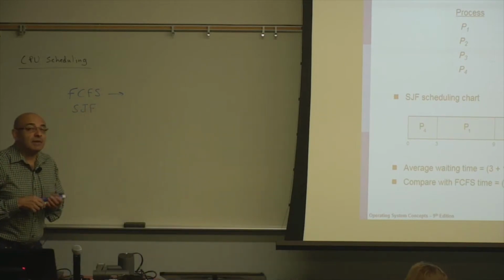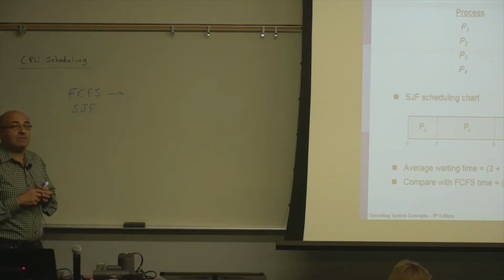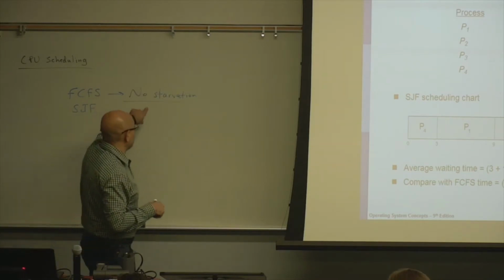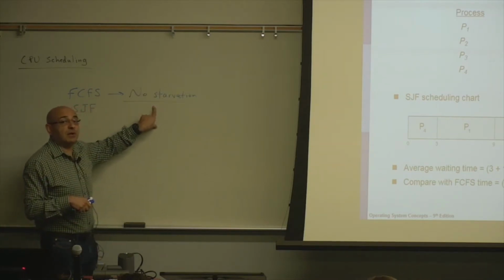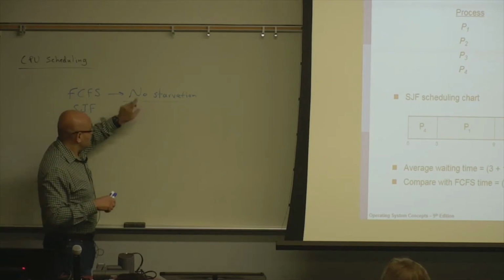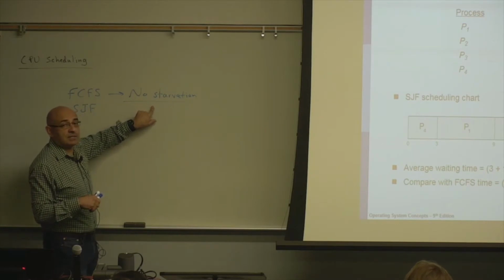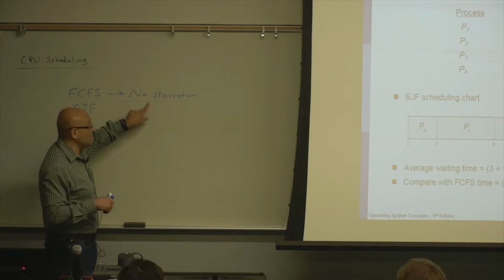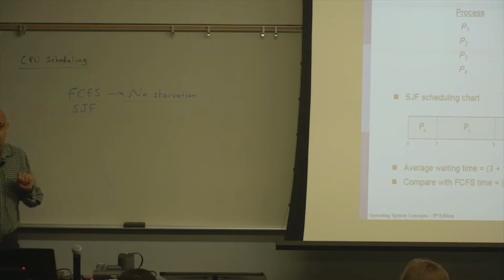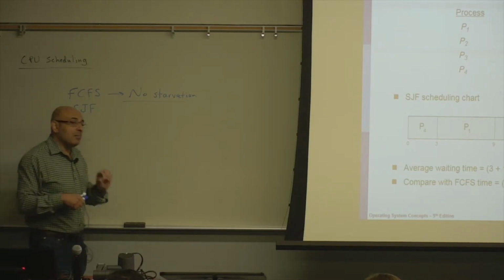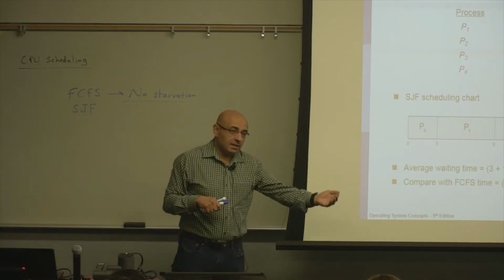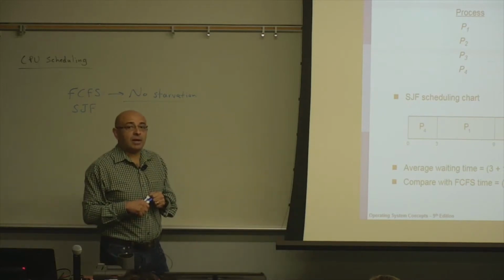So what is starvation? What's the definition of starvation? Is it precise to say starvation means waiting for a long time? No, it's not. Strictly speaking, even if a process waits for a long time, that doesn't necessarily mean starvation. Starvation means that you are not setting a limit on the number of other processes that may get the resource while a process is waiting.